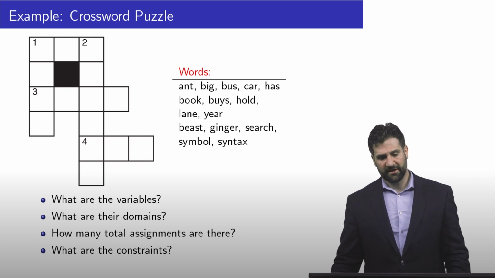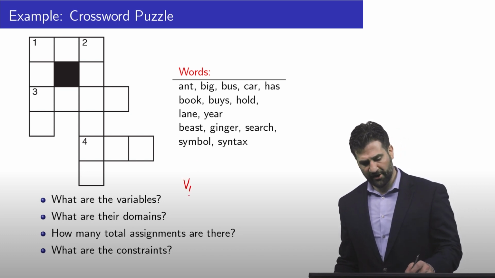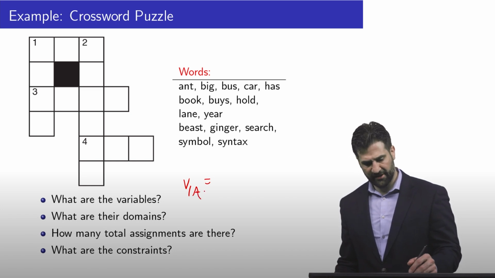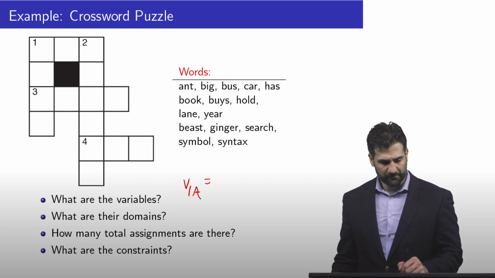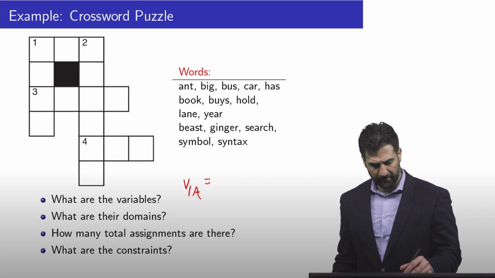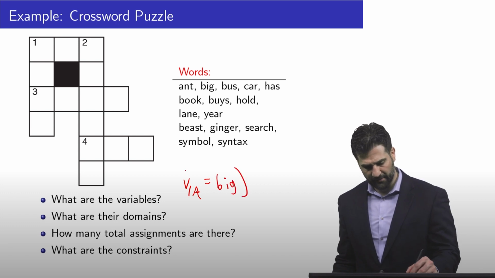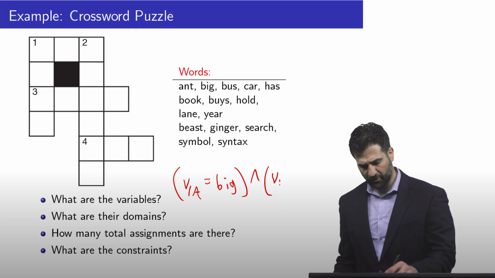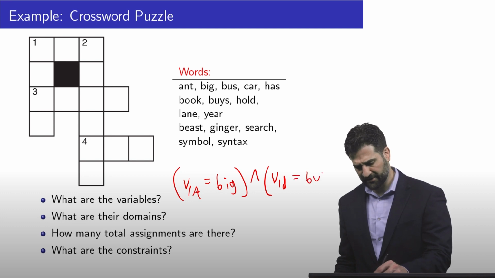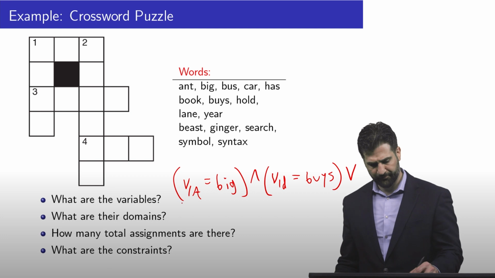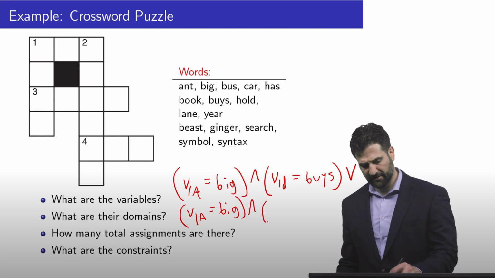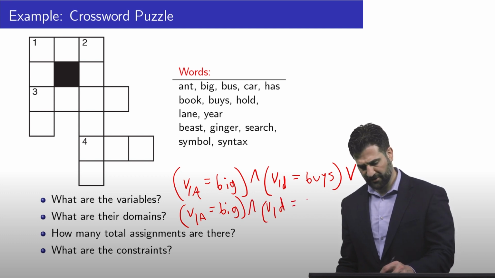So we say that V1A can equal big and V1 down equals buys, or V1A equals big and V1 down equals book.